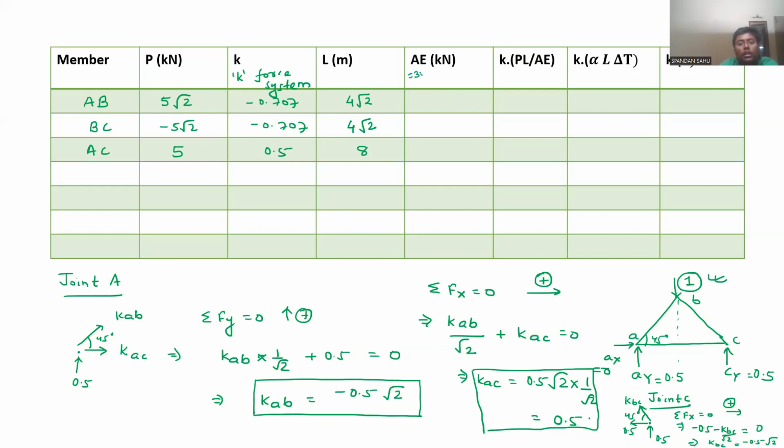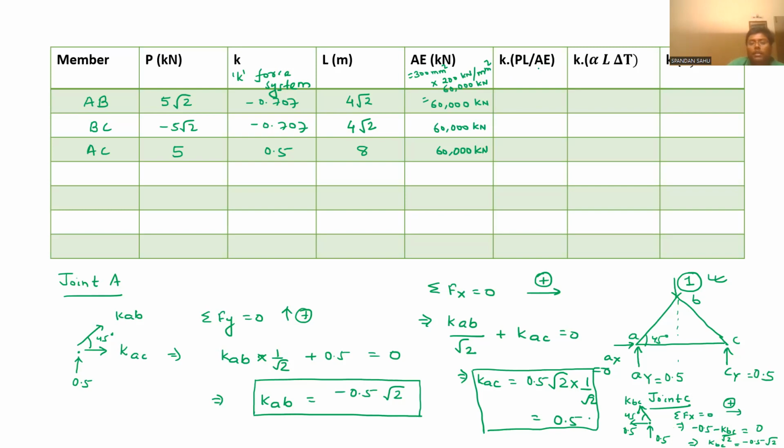So 300 mm square into 200 kilonewton per mm square is coming out to be 60,000 kilonewton, and it is the same for every member. So we are writing directly 60,000 for all the members.